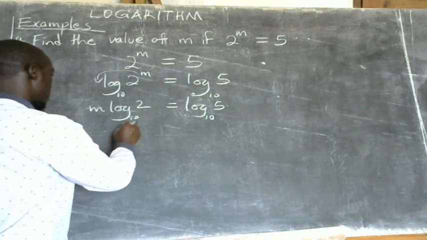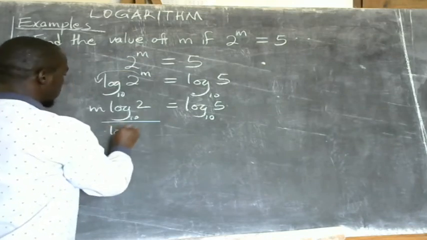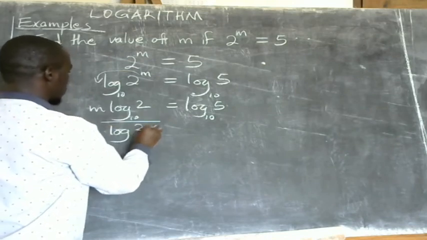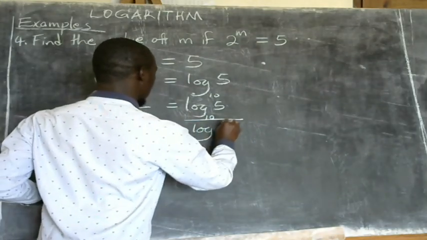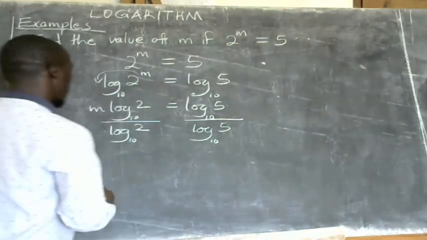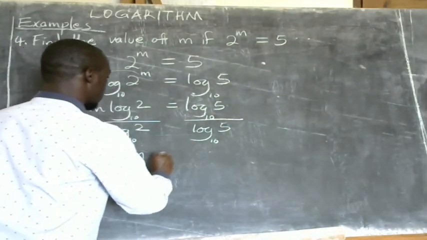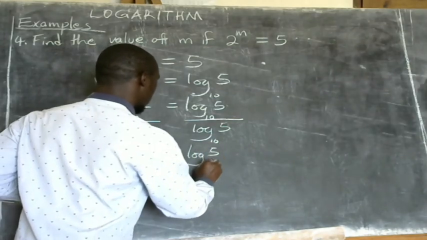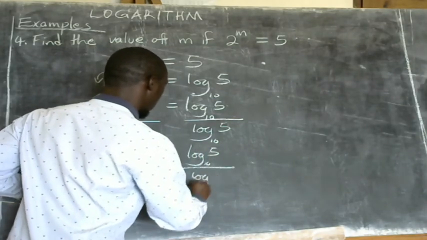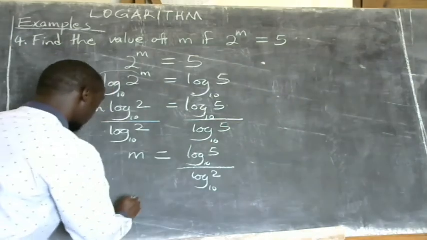So my m, to leave it alone, I'm going to divide both sides. Then m is equivalent to log of 5 base 10 divided by log of 2 base 10.